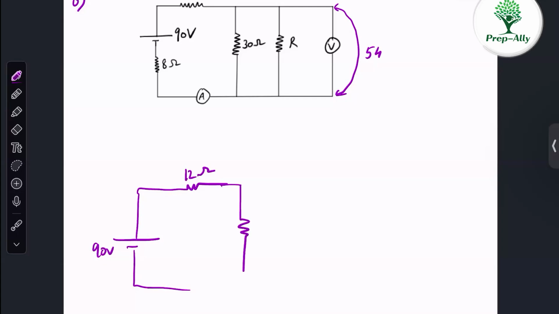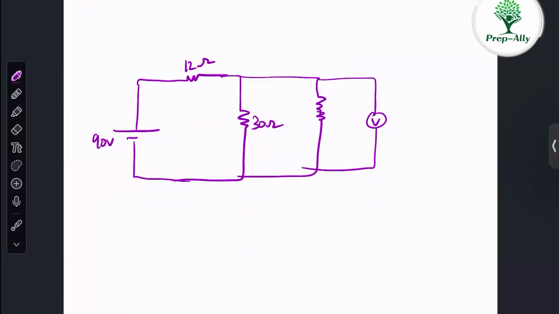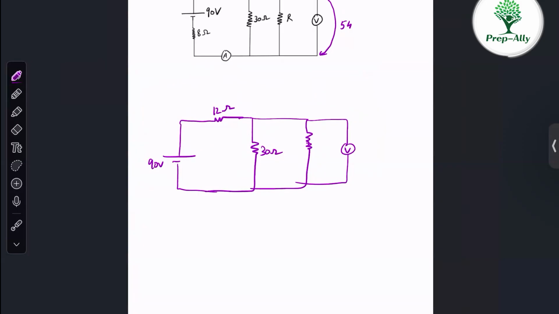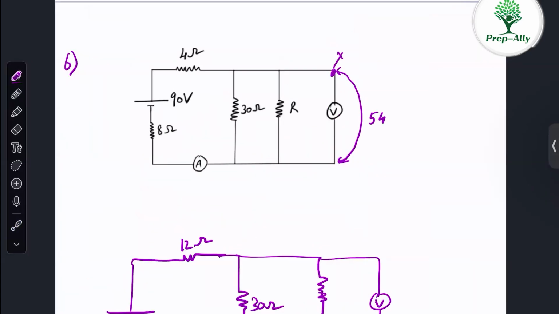And then apart from that, there is this 30 ohms and this R ohms and this voltmeter. Now to understand this part, out of the 90 volt battery, some voltage is dropping between here and here, that is between point X and point Y. So all these points are at the same potential.